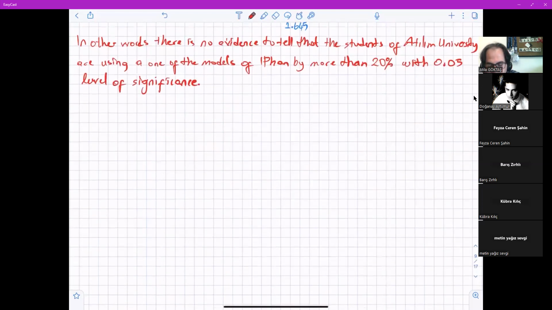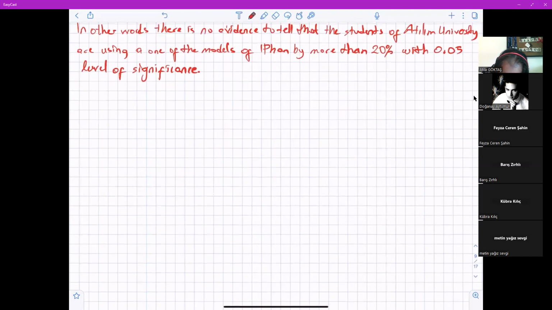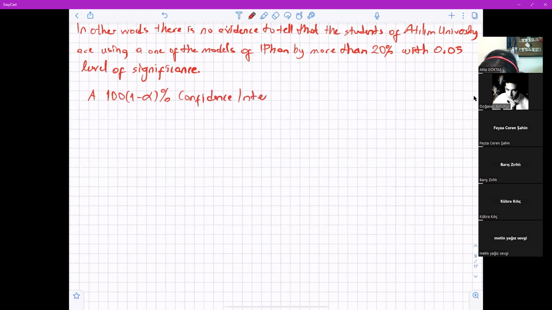Okay, so let me show you the confidence interval. The 100 times 1 minus alpha percent confidence interval for the population proportion.